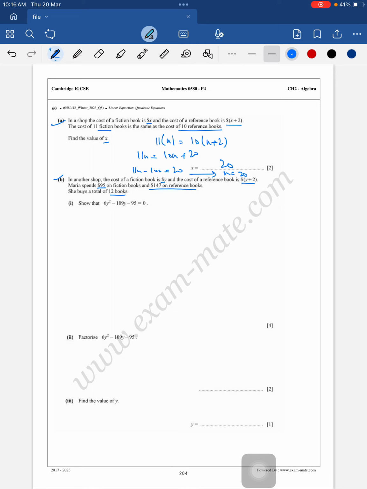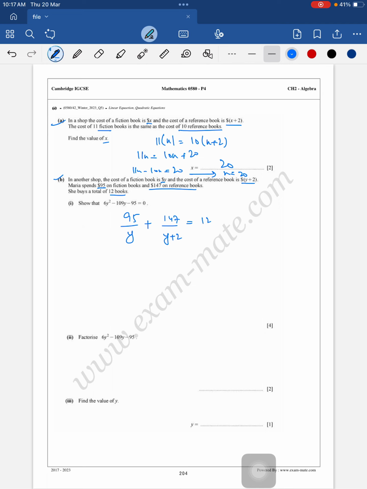You just divide the total cost by the cost of a fiction book. So 95 upon y, plus 147 upon y plus 2, is equal to 12, the total books she bought.